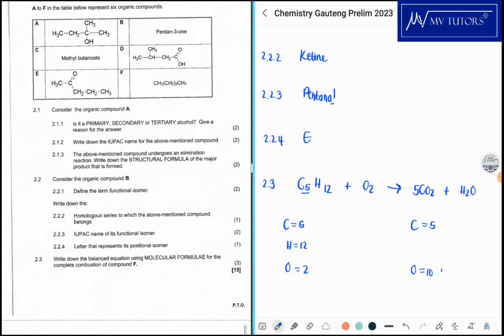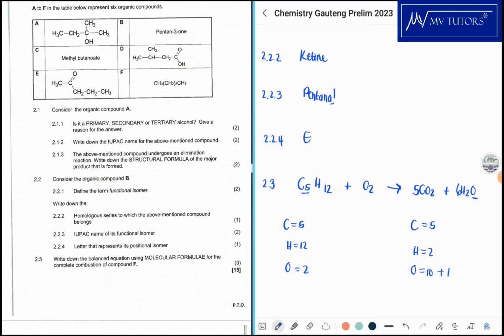Let's look at the hydrogens. Here we have 12 hydrogens, and there we have 2, so I think we're going to put a 6 over here. We start first by balancing the hydrogens before we get to the oxygens.